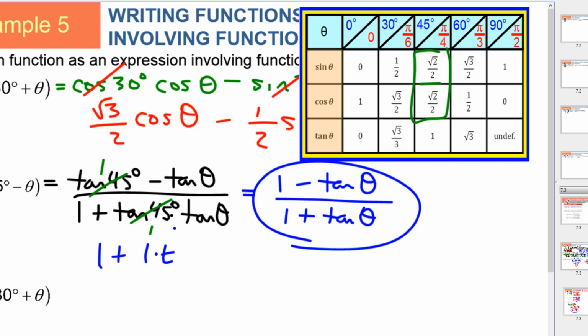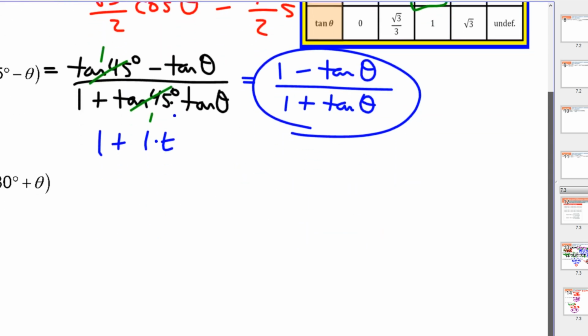So this is what you get. Well, I don't need the 1 in front of that. And so 1 plus tangent, that's what I'm going to say, right? 1 times something is just that something. 1 times tangent theta is just tangent theta. Okay?